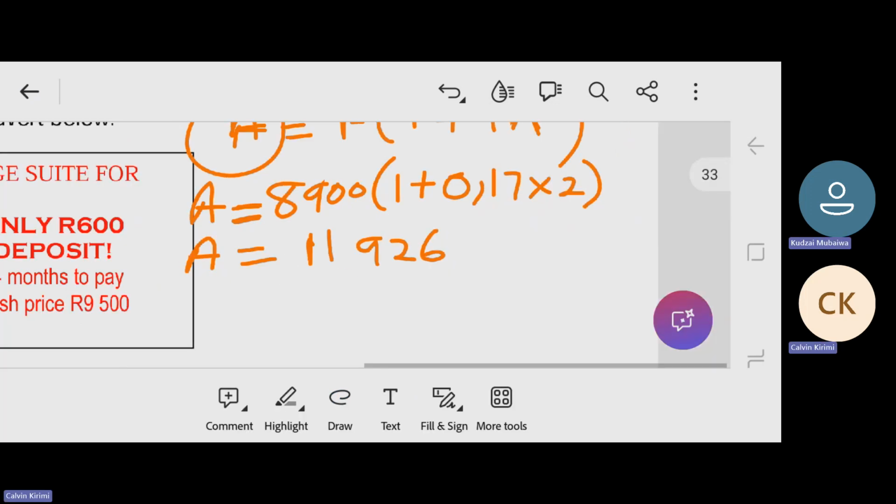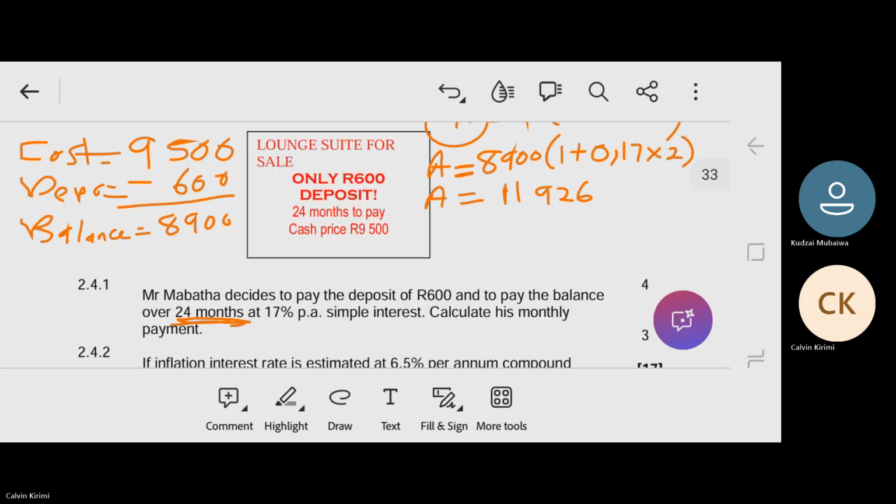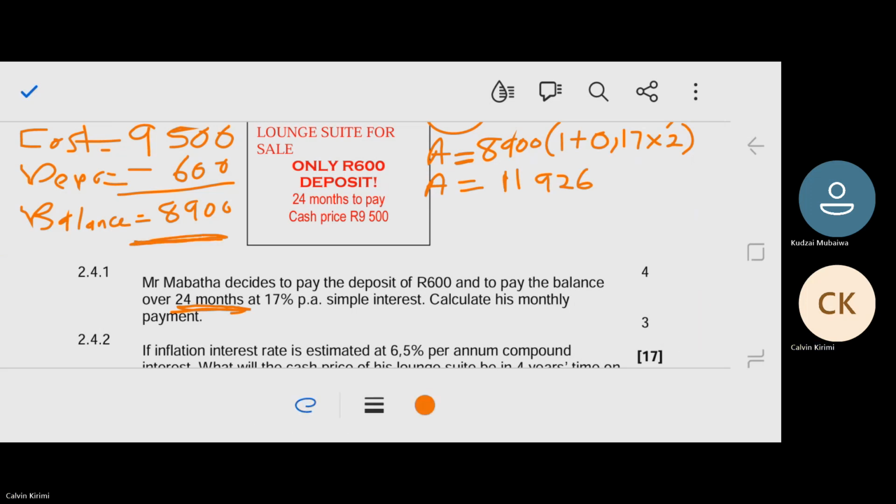So now you want to know how much you should pay per month so that this amount is covered. You have paid your deposit, which means your balance is now 8,900. Since you are not paying cash, we are charging interest.